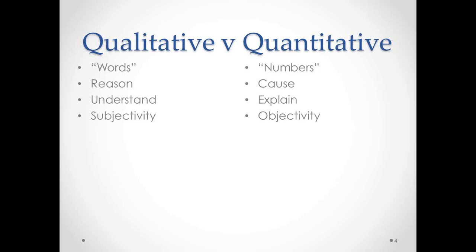Quantitative research tends, though not always, to look at numbers and a cause, something we need to explain, so there needs to be an element of objectivity. So you look at your position as an investigator in terms of the information you're collecting. Are you going to be subjective and involved, or objective and detached?